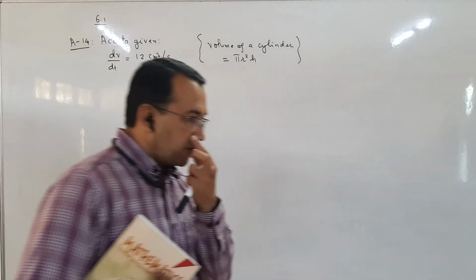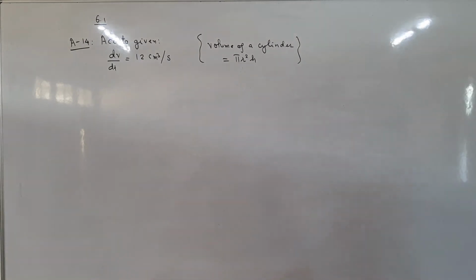Always, the volume of any figure is the area of the base into its vertical height. So the volume of a cylinder, students, is pi r square h.